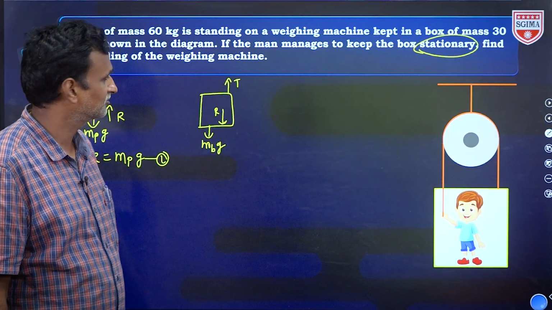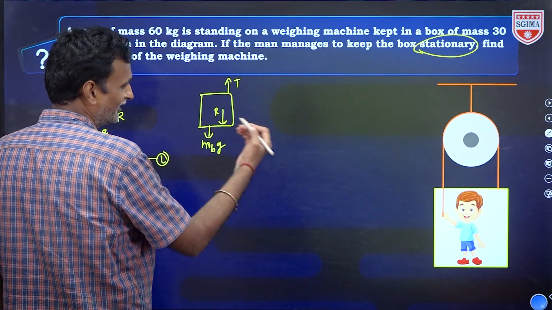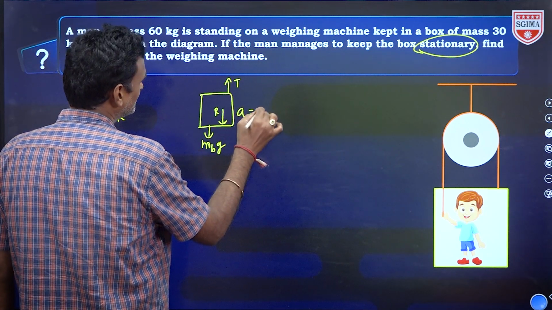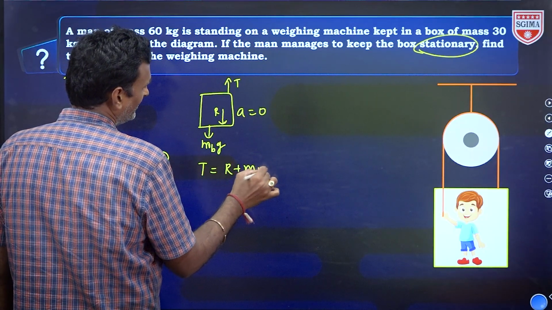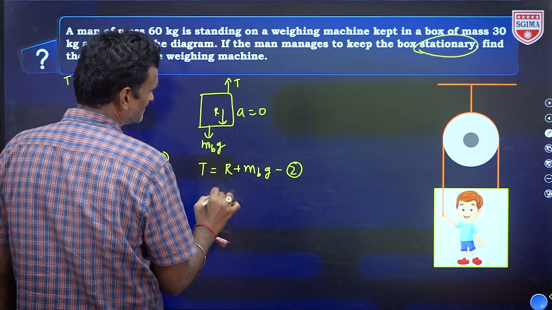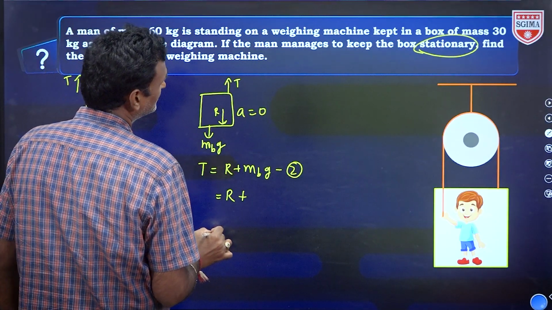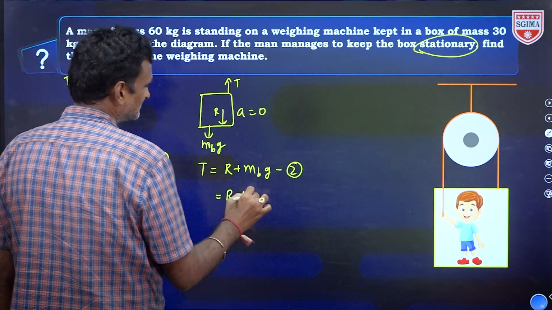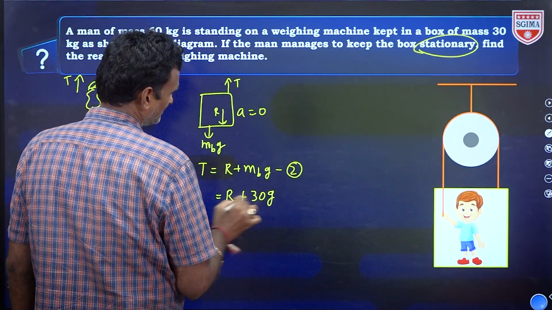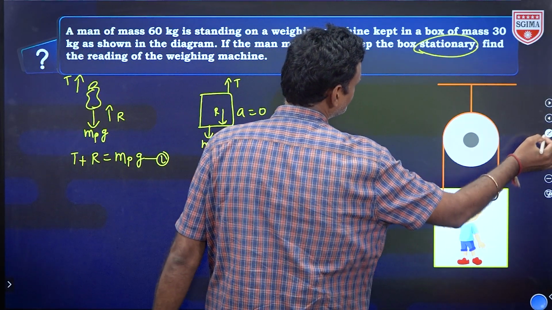So we need to take care of that in solving the question. So again acceleration is 0 for the box also, so T equals R plus MB g. This is the second equation. Suppose R we keep like that. Mass of box how much? Here the man has mass 60 kg and the box mass is 30, so 30 g. This is tension. So let this be equation 2.